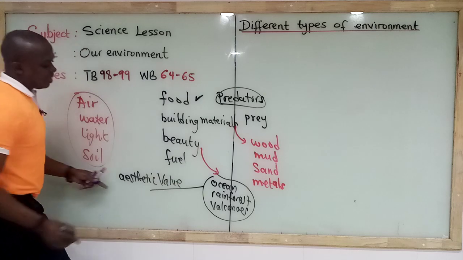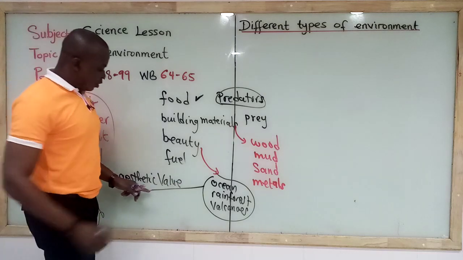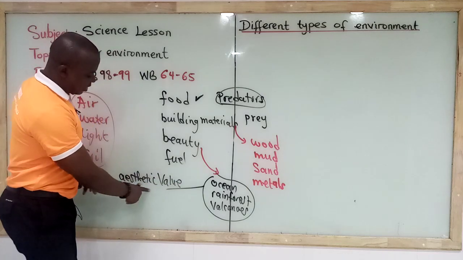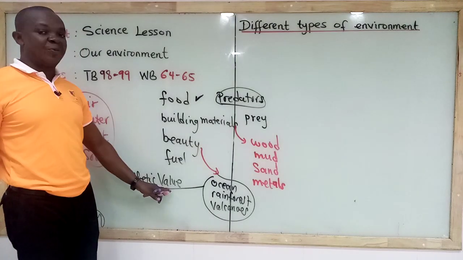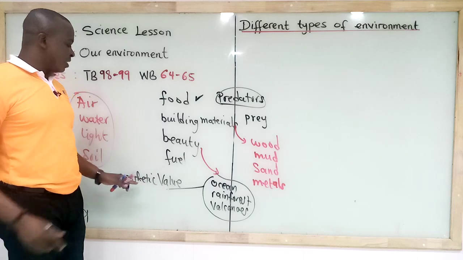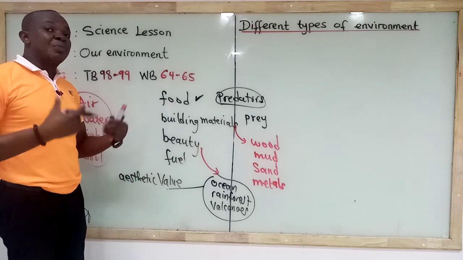When we talk of aesthetic value, it means an appreciation of beauty. Something that provides us with aesthetic value, as in our book, is an environment that provides us with beauty.